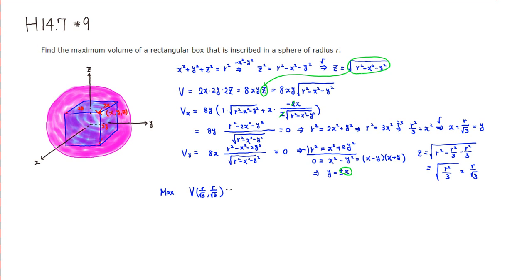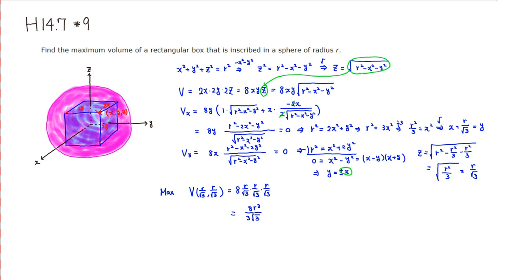So it's going to be 8 times x, which is r over the square root of 3, and y is r over the square root of 3, and actually z is also r over the square root of 3. So which is 8r cubed over 3 square root of 3.